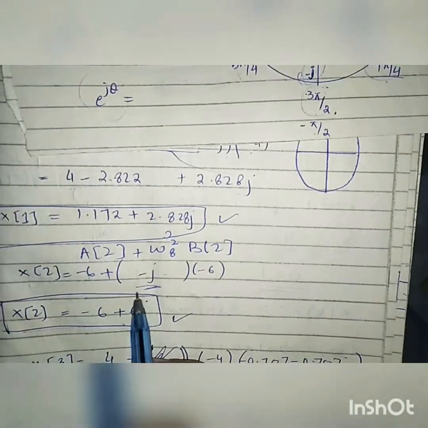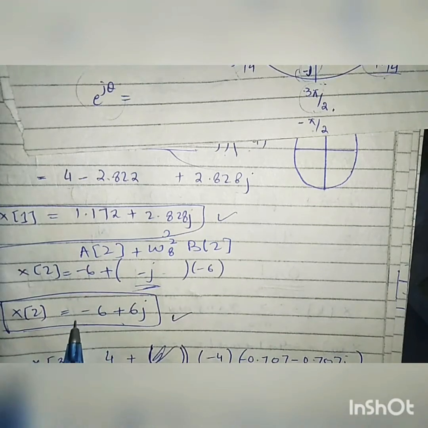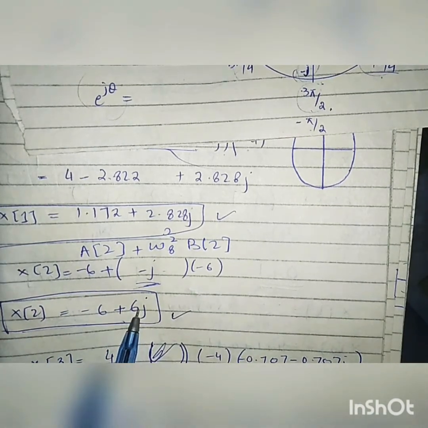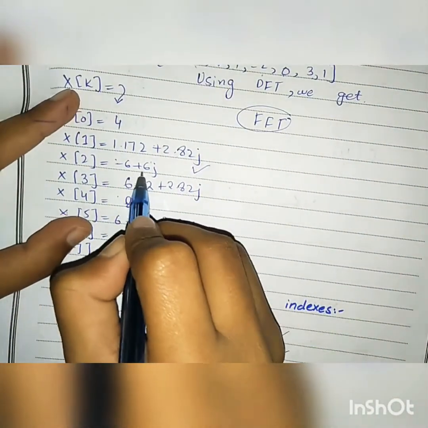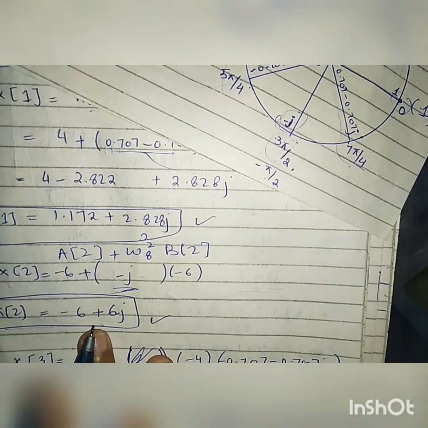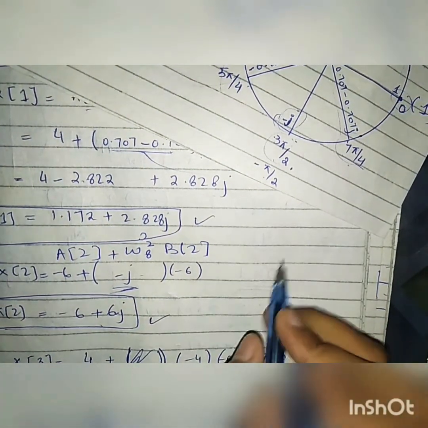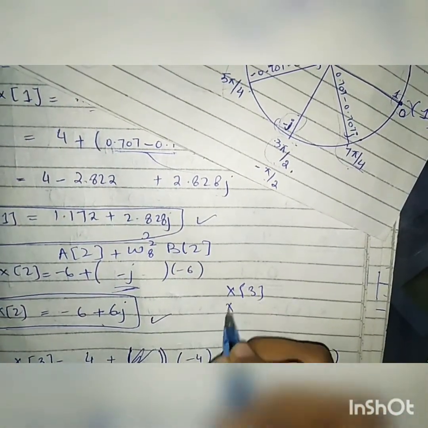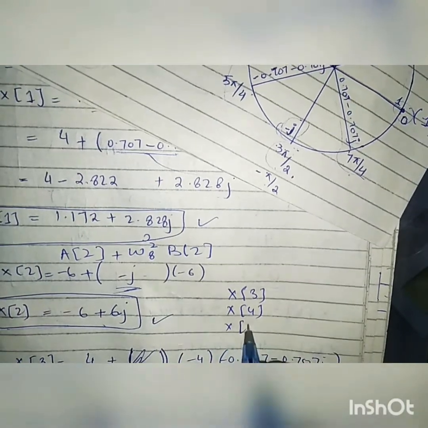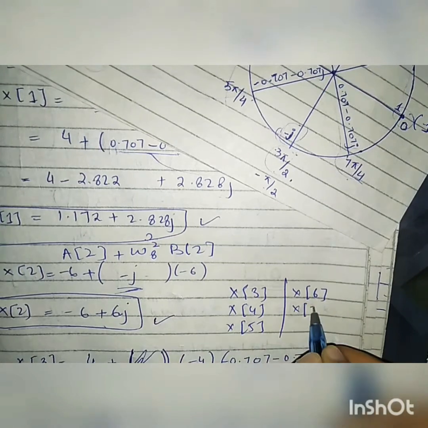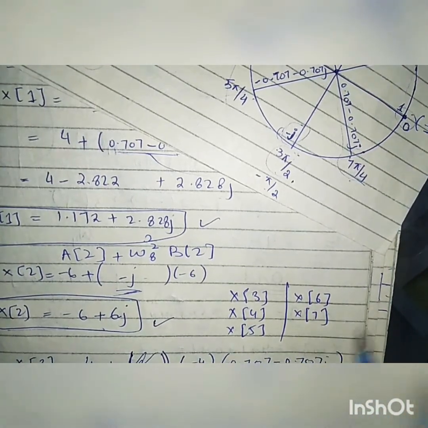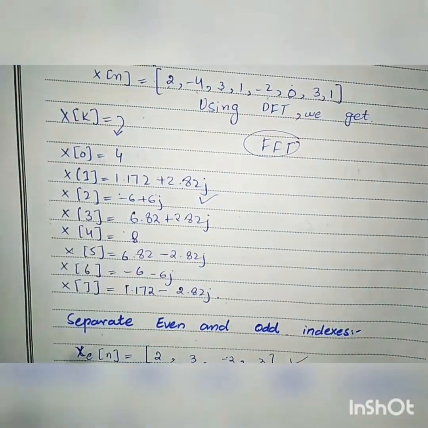So we have used minus j here, and we have got minus 6 plus 6j, and it verifies this position. X of 2 was minus 6 plus 6j, and we have got minus 6 plus 6j. Now you will find x of 3, x of 4, x of 5, x of 6 and x of 7 by yourself, because you know the formula and you also know the answers. The answer will be the same as this.